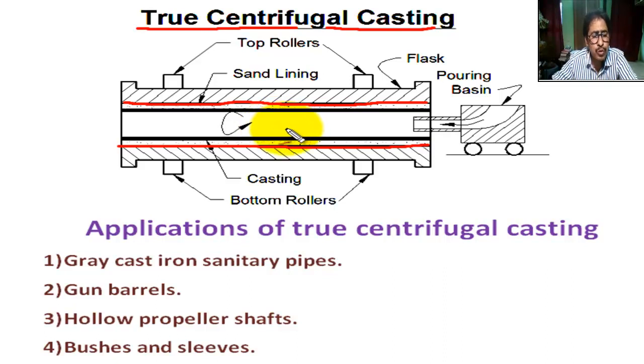The centrifugal force directs the fluid metal to the inner surface of the mold with considerable pressure, and solidification occurs, forming a hollow casting.